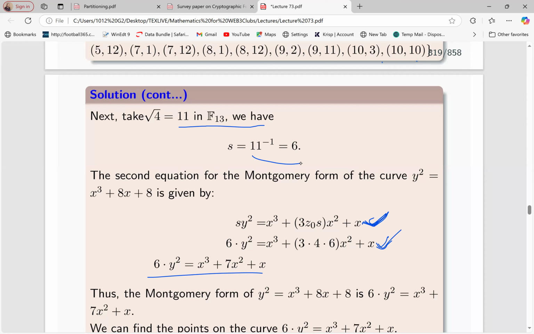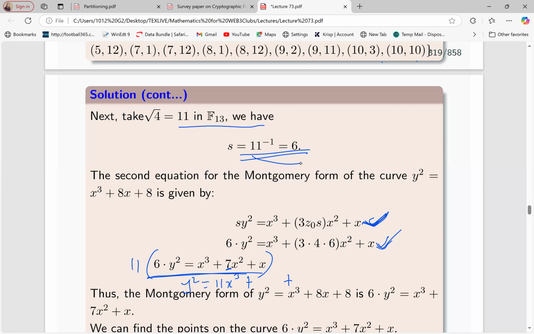And so if it's 6, again, back to this equation, substitute 6 to find the corresponding Montgomery curve as this. And if you want points corresponding to this curve, multiply the entire curve by the inverse of 6, which is 11. To get y squared is 11x cubed. This will be 77, but we are doing it mod 13, so you will reduce that. 77 mod 13 is 12.